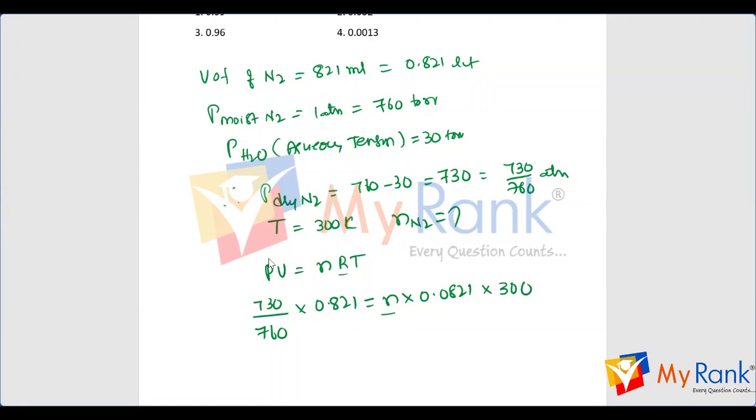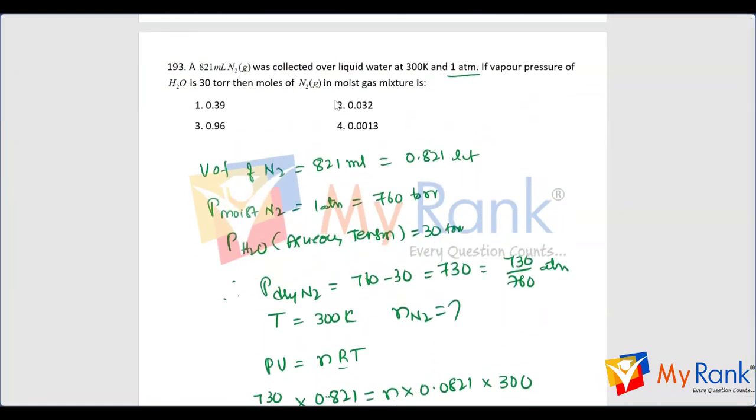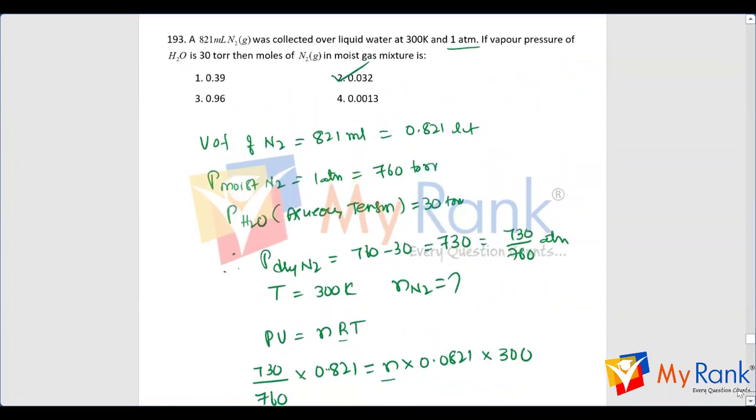If you simplify, 0.821 is there, 0.0821 is there, and we get n is equal to 0.032. n is equal to 0.032 means this is the correct option. Okay. Next one.